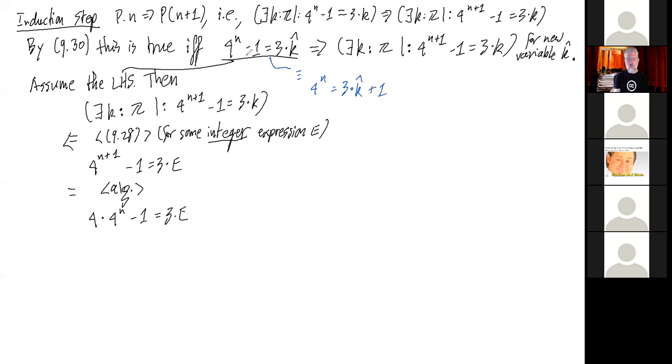I can move this 1 over here by a little algebra. And now I can rewrite 4 to the n as this expression involving k hat. That seems like probably a good thing, because k hat is the value that worked here. So I'm trying to find something that probably uses k hat for my expression e. So here I use the induction hypothesis.